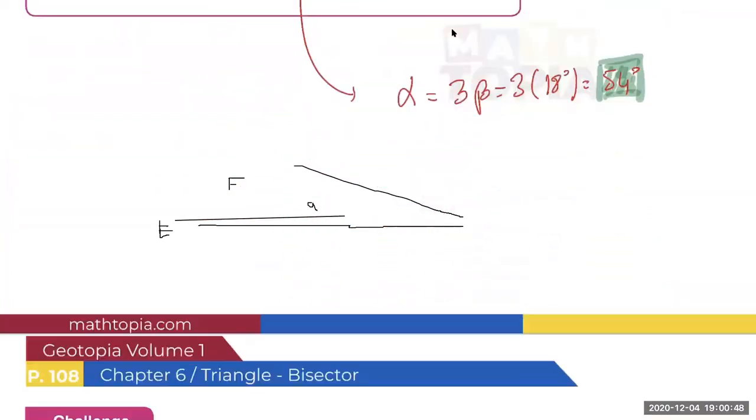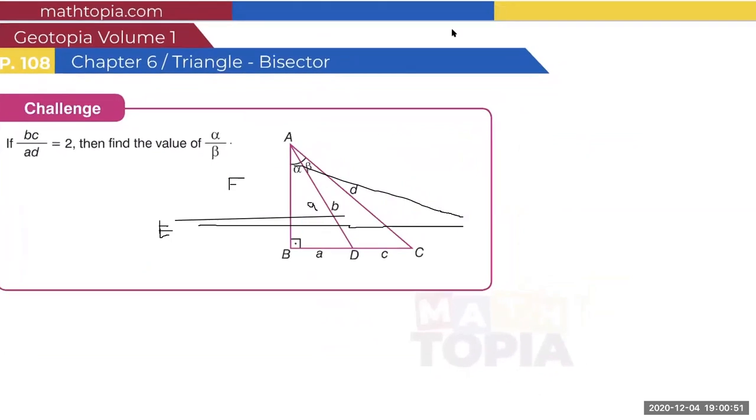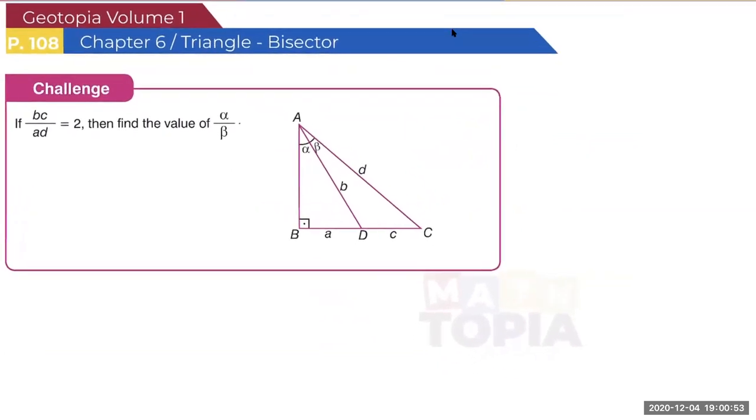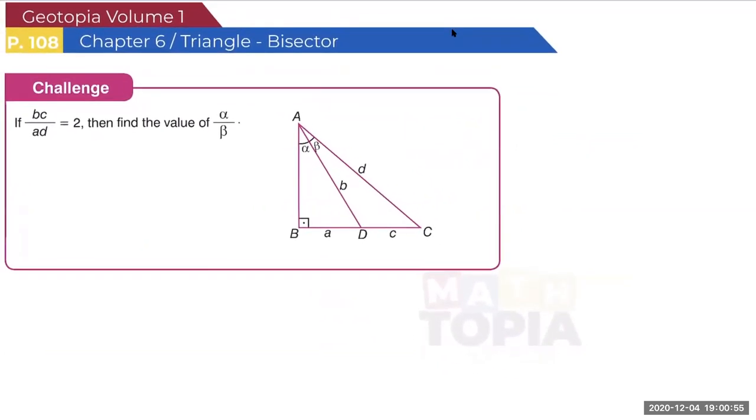Let's go to another interesting one, Andrew. Do you think our audience, our Geotopians, already worked this problem? They work hard, because until this chapter 6 they have been working on very challenging problems, including AMC problems.